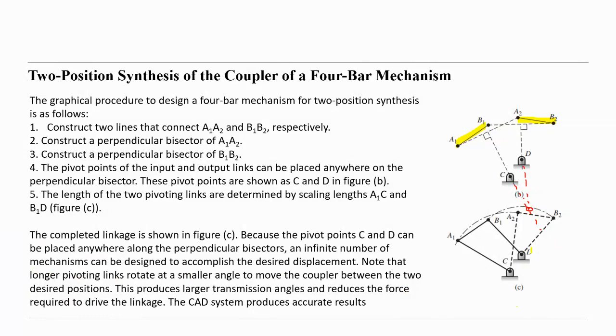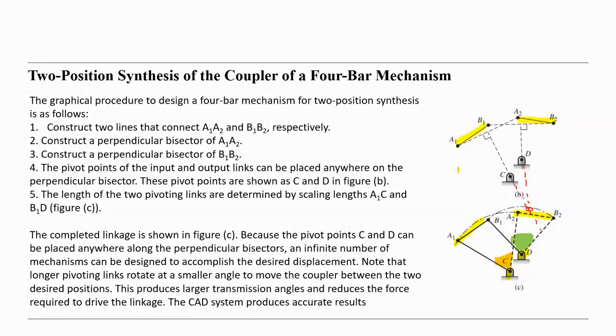Here, for example, this is D and C, and A1, B1 moves to this position. So this is the angle for the rocker, and this is the angle for the crank.